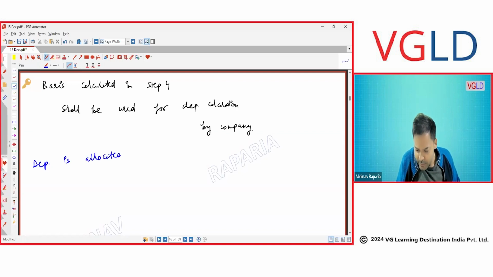Depreciation is allocated between shareholder and company based on the number of months the company owns the assets.